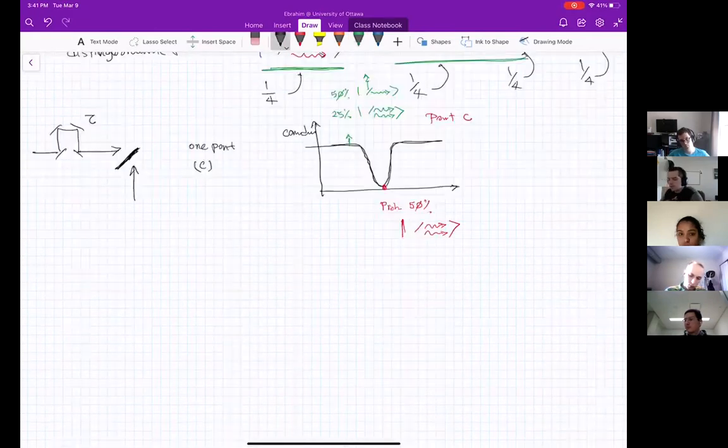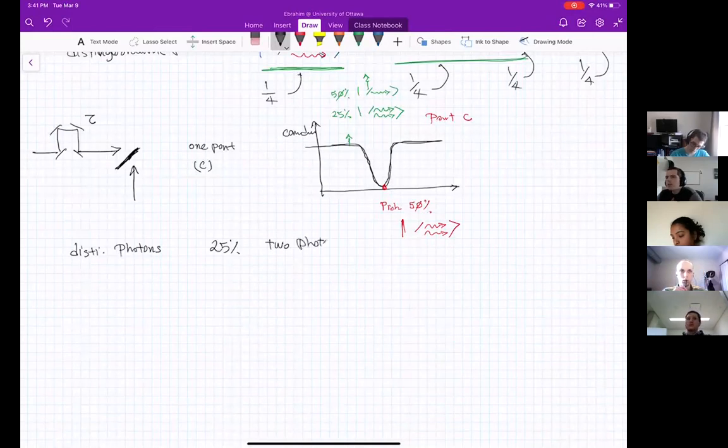So when distinguishable photons, I have 25% of the time 2 photons in port C, right?